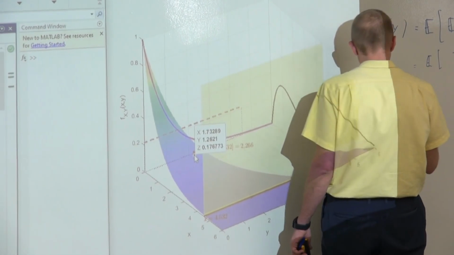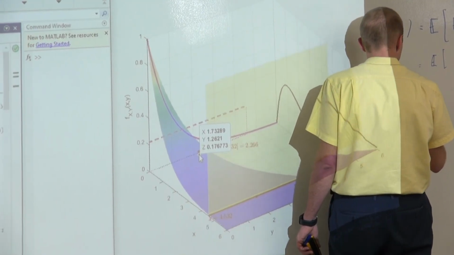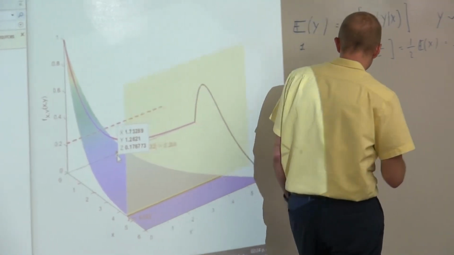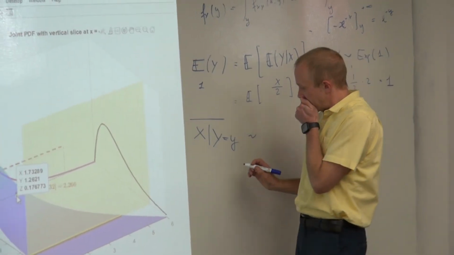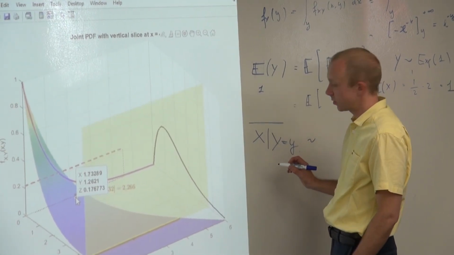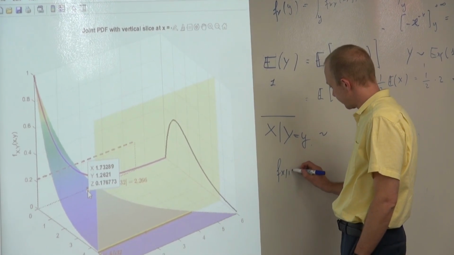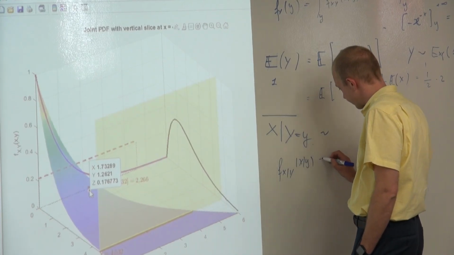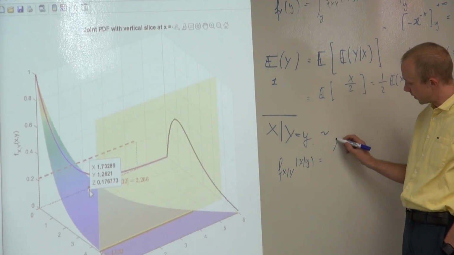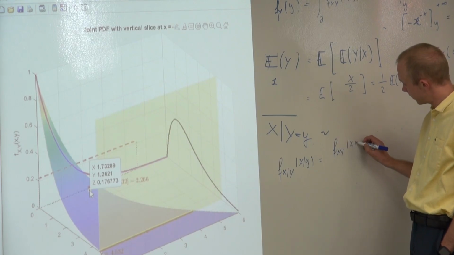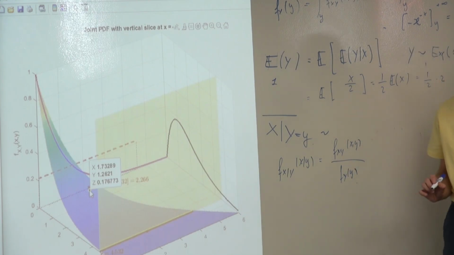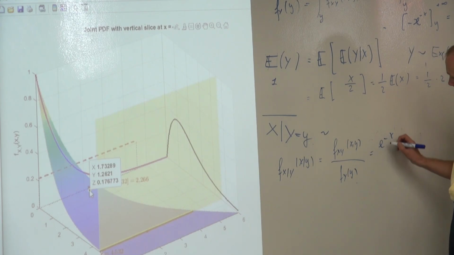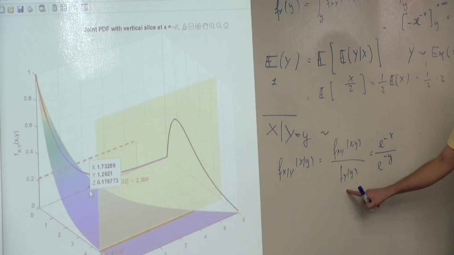So now what is this distribution? See, no? F of x given y. What do you have to do? Take the joint, right? And divide by the marginal of y, no? E minus x, E minus y, because it's the exponential, no?